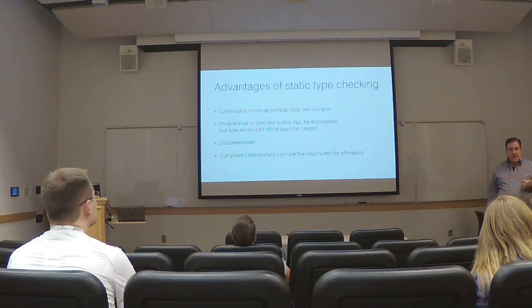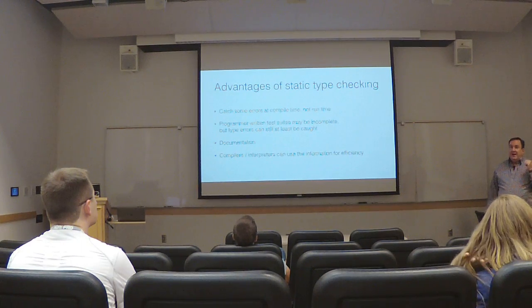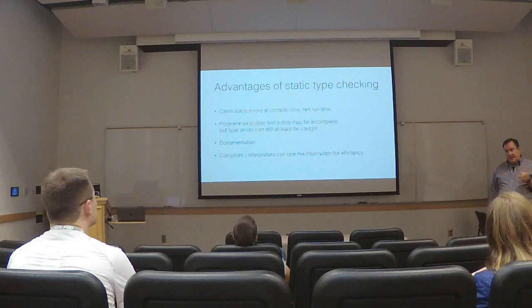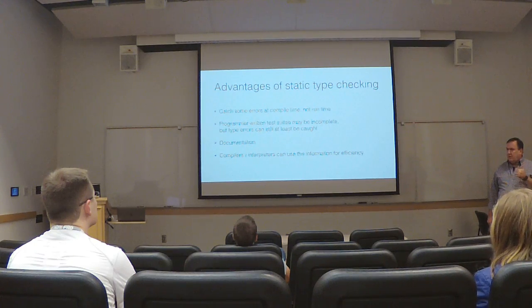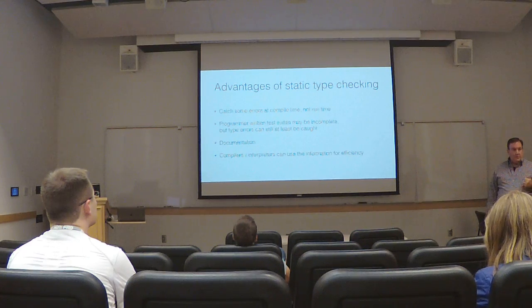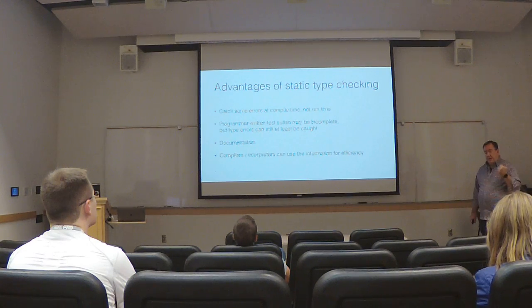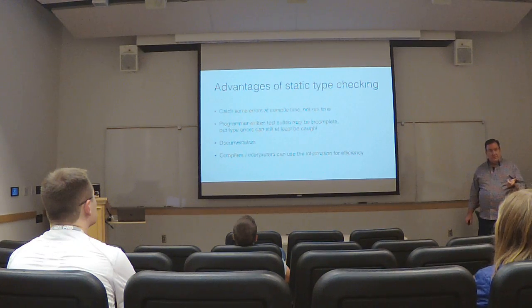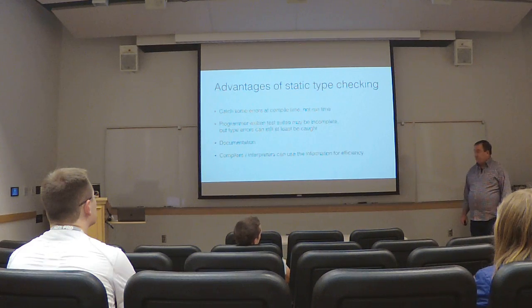You know that there aren't type errors, at least the type errors that that language catches, which is not always all of them for some languages. It will let you know about them beforehand when you compile. It also avoids all the runtime overhead of the checks, plus there are other kinds of optimizations you can do if you know the type of everything ahead of time, especially during compilation.